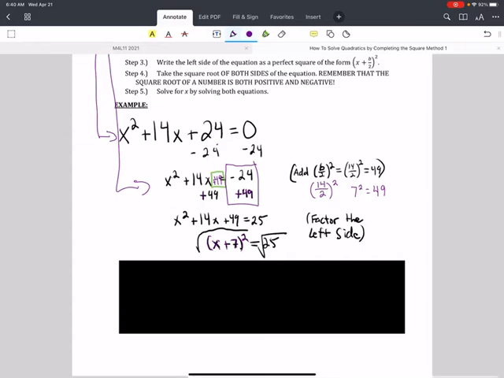Basically we factored that left side. We took half the middle, that's how we got x plus 7, and then the square on the outside. Now, you'll notice the square root sign, and that's for our next step, so don't get confused here. Step 3 is the stuff right there.